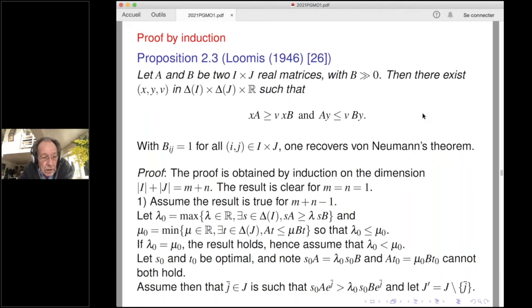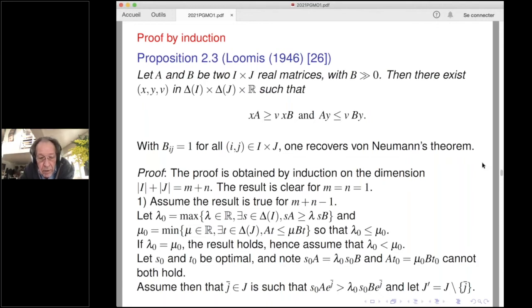Denote by S0 and T0 optimal strategies, meaning that these are points that realize the maxima, and then you have this equality. Okay, and you cannot have equality on all components because by multiplying here by T0 and there by S0, you would have equality between lambda 0 and mu 0.